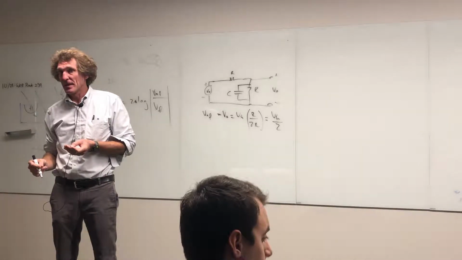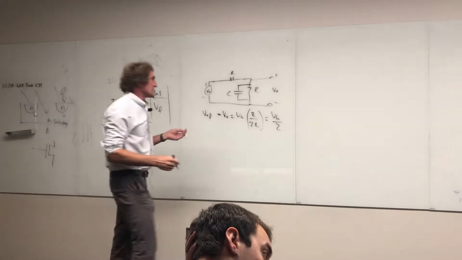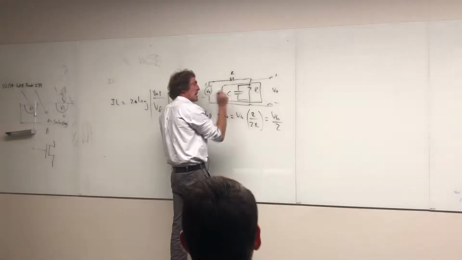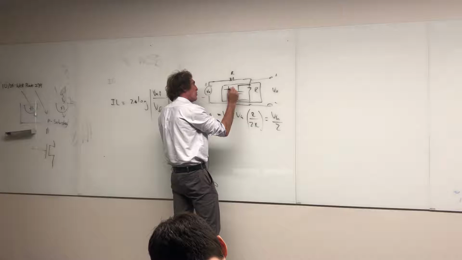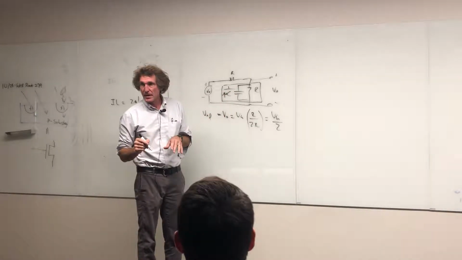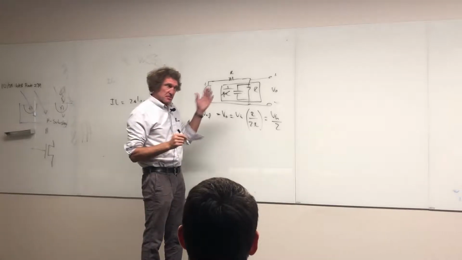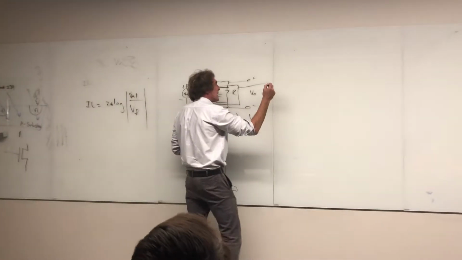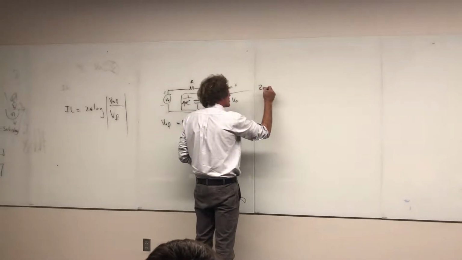Everybody understand that? When I do this, I can see that this has an impedance right here. And the capacitor has an impedance of 1 over J omega C. Does everybody agree with that? Right? And the resistors are still there. So when I look at this output leg here, I can call that ZRC.